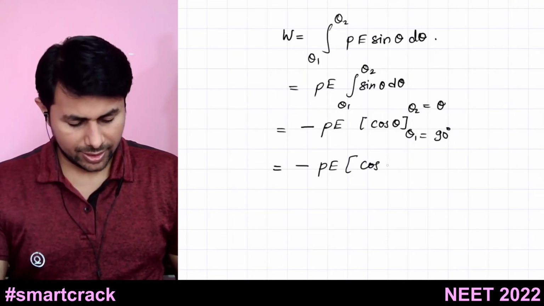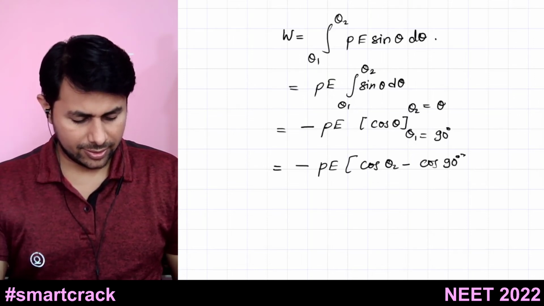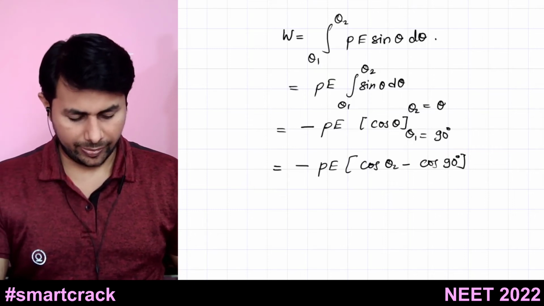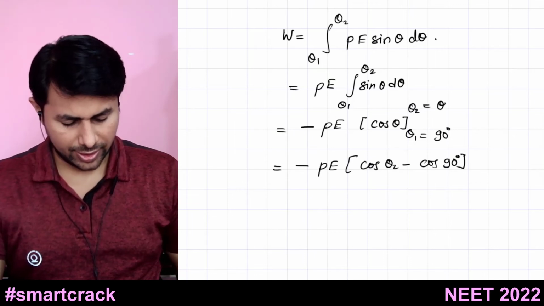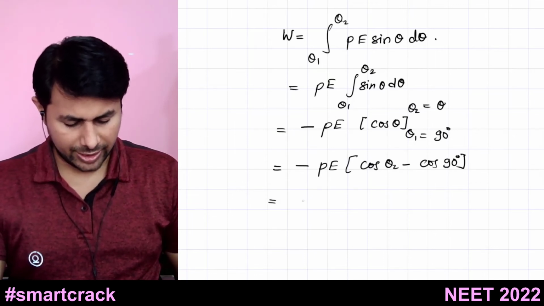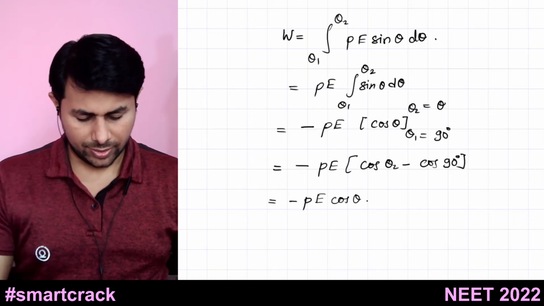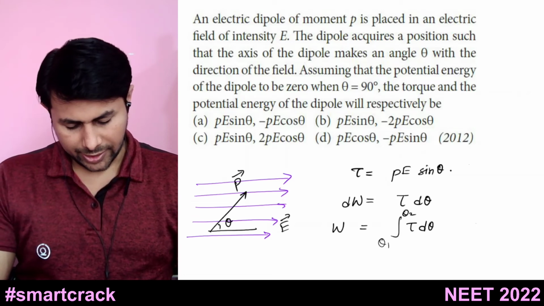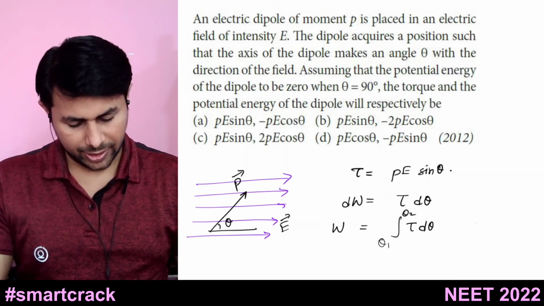Cos theta 1 is cos 90 degrees, which is 0, so this term will not be there. Theta 2 is theta, so let's substitute that. We get minus Pe cos theta. So this is the potential energy. So the potential energy is minus Pe cos theta, and the torque is Pe sine theta.